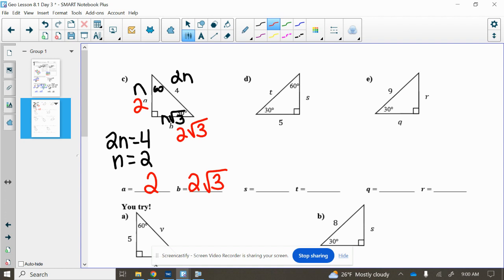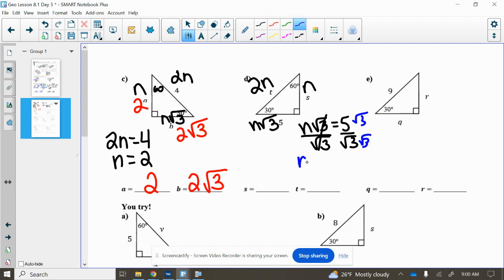Side across from the 60 then on this one is what's given. We don't know the short leg, we don't know the hypotenuse. Again, we can solve, however, if we take that leg, divide by the square root of 3 on both parts, cancels out, and then again, we always like to make sure we rationalize so that this time n is 5 square root 3 over 3.